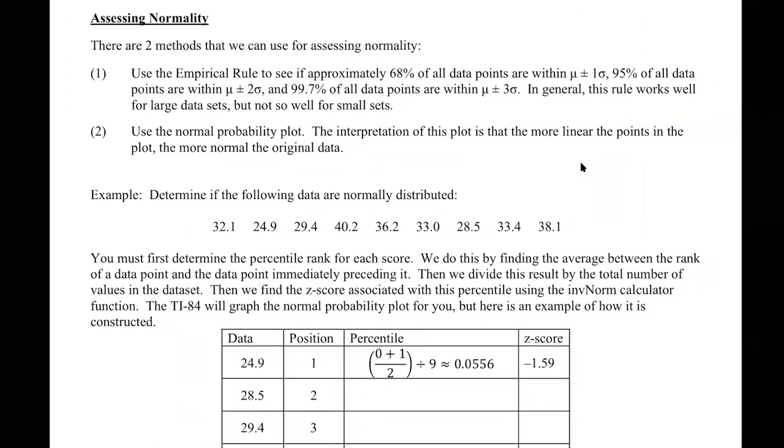It's another type of graph, but it allows you, through some simple computations, to come up with an idea of whether or not a data set is normally distributed. It's number-crunch heavy, but I'll show you how you can streamline the process in a few minutes.